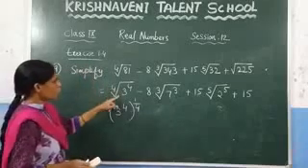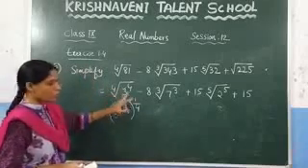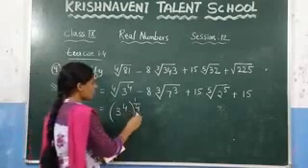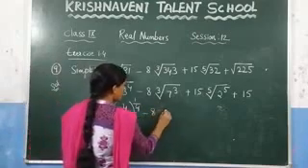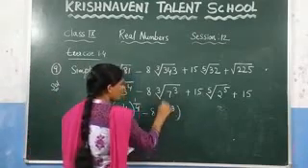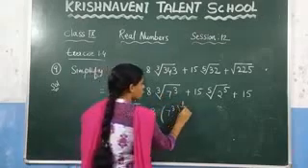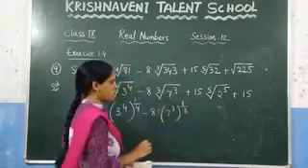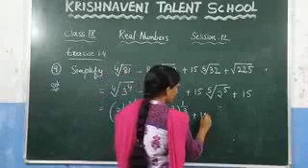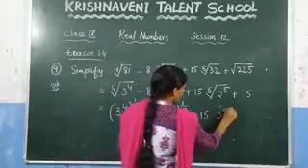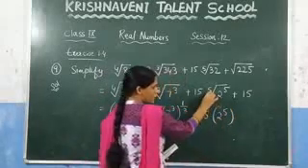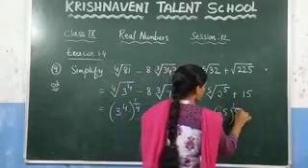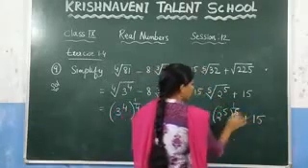You can write the fourth root of 3 power 4 as 3 power 4 whole power 1 by 4. Similarly here 8 into 7 cube whole power, which number is there? 3. So we can write it as 1 by 3. And similarly 15 into 2 power 5 whole power, which number is there? 5. So we can write it as 1 by 5, plus 15.